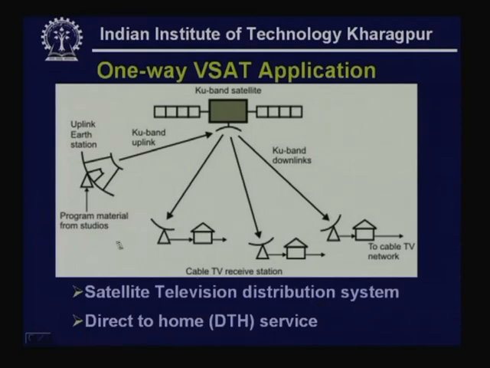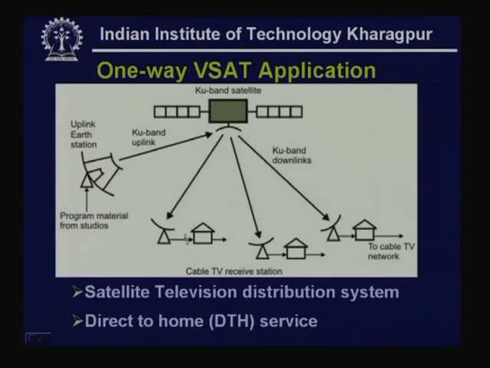Here, for example, is the studio of TV Doordarshan, and here is the uplink earth station, which uplinks the signal using the Ku band. Then the satellite sends it to a number of cable TV service providers.